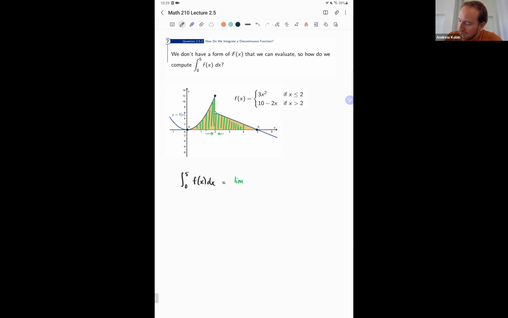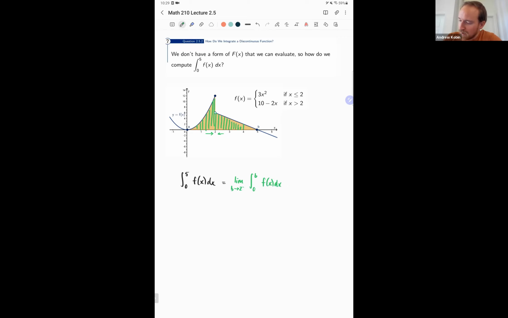to take, I'm first going to take an integral from 0 up to the discontinuity. I'm going to call the upper limit b and take a limit as b approaches 2. I'm even going to emphasize I want to approach 2 from the left side or from below. So we'll take b approaching 2 from the left of f of x dx.